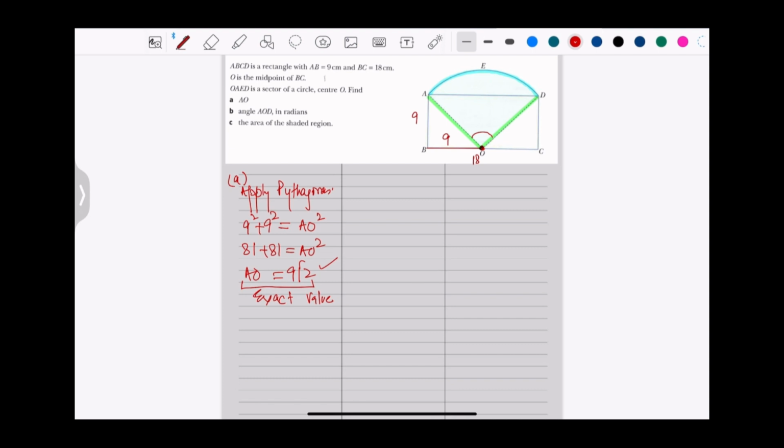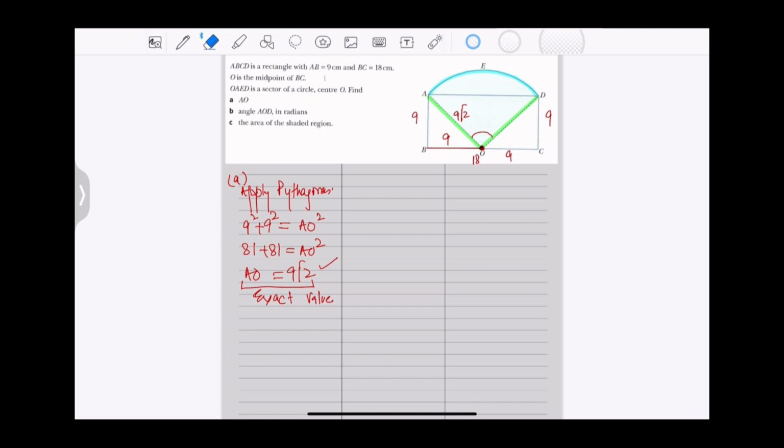For example, this one is 9 under root 2, this length, and the other side is also the same, because this length is also 9 and this length is also 9. So we already are aware that both triangles ODC and OAB are the same.